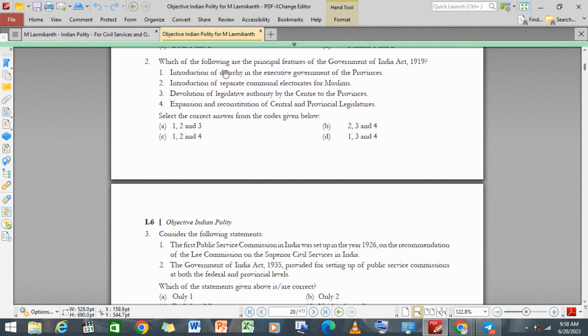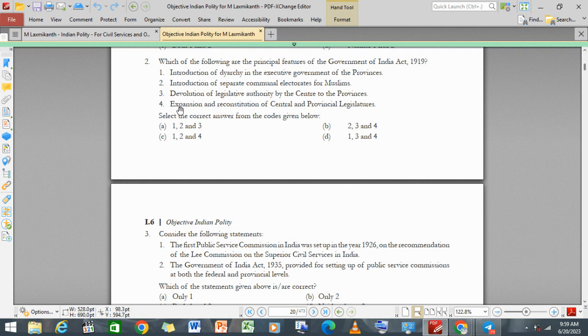Second, which of the following are the principal features of Government of India Act of 1919? Again, 1919. First, introduction of diarchy in the executive government of the province. That means the diarchy at the provinces. Second, introduction of separate communal electorate for Muslim. Is it so? I don't believe it. Third, devolution of legislative authority by center to the provinces.